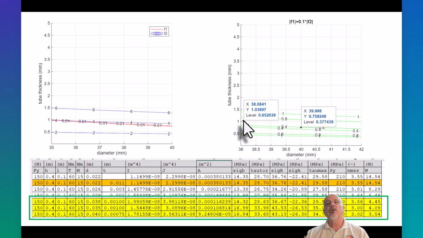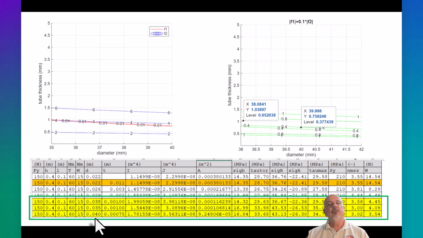Right there is where I'm starting, right? So that's going to be the 38 and 1 millimeter. And then I was looking at, well, what if I did 35 and 1? That's going to be a little bit less. That's a 4.09 Newton. All right, so it's going to be over here.